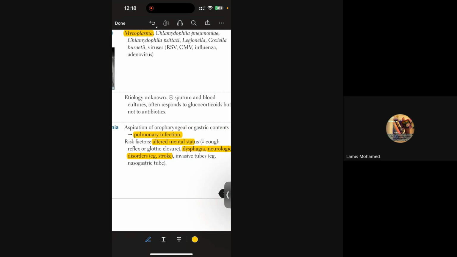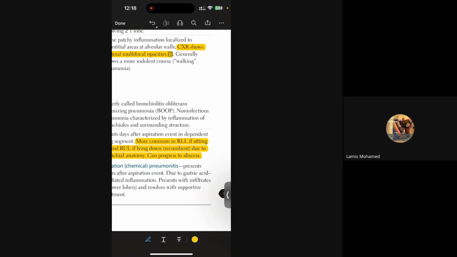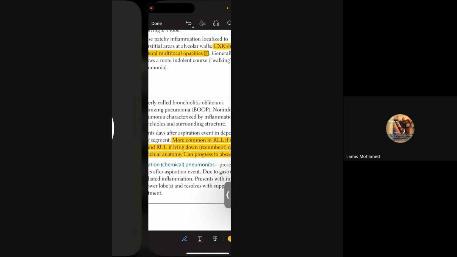Our patient is a stroke patient who has a left-sided facial droop and hemiparesis, and the location of the new opacity is in the superior region of the right lower lobe.